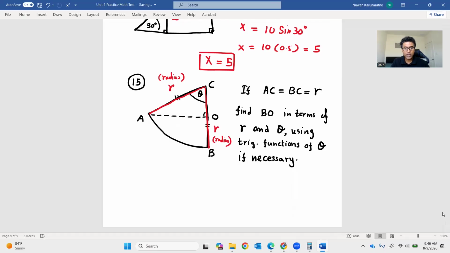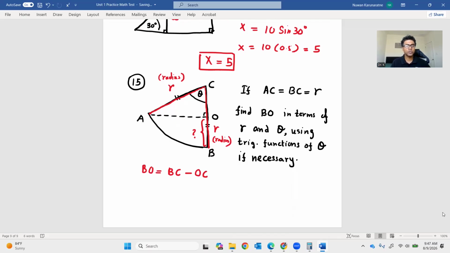So BO is this side. We can write BO in terms of that radius, right? BO can be written as the radius BC minus, look at this part, that's OC. That's how we can write BO.